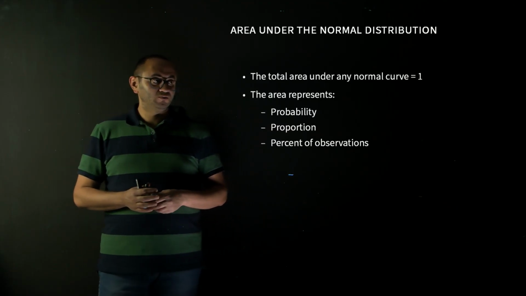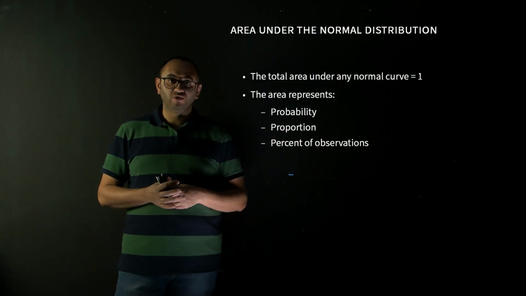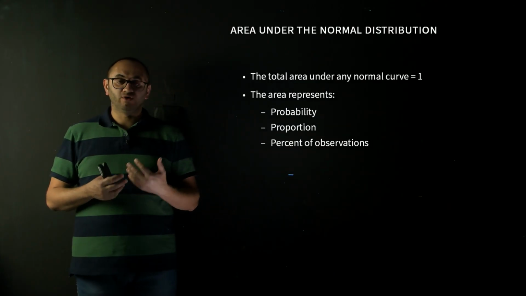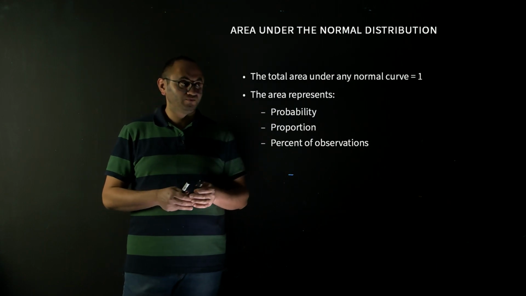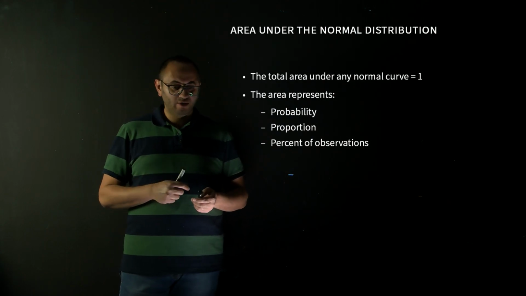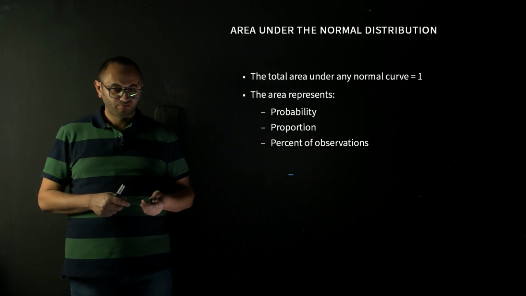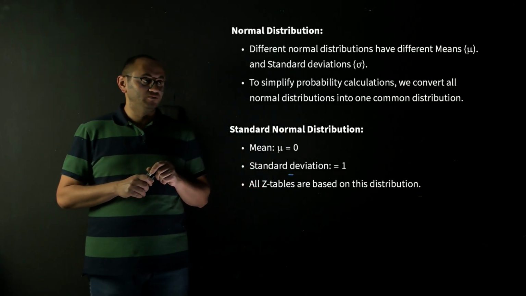All right, so as I mentioned, the total area under the normal curve equals 1. So the area under the curve represents the probability and proportion. Also, you can think about the percent of observations. All right, so we know the normal distribution.